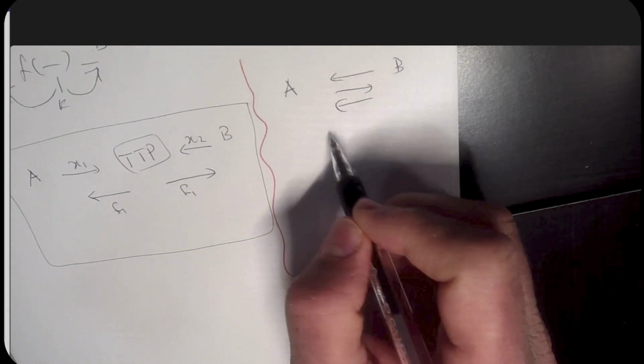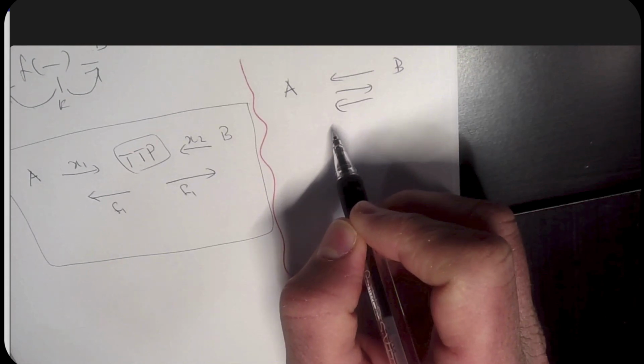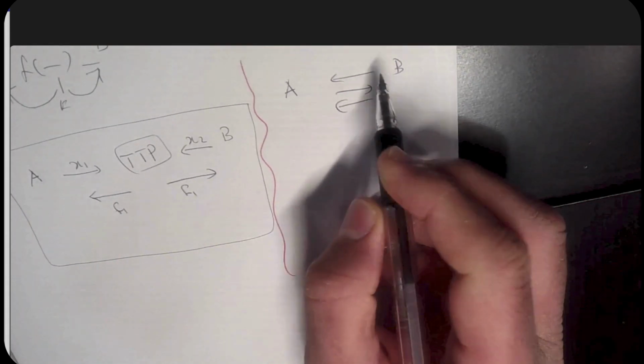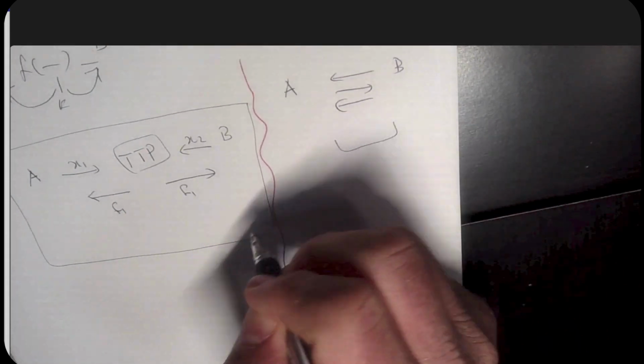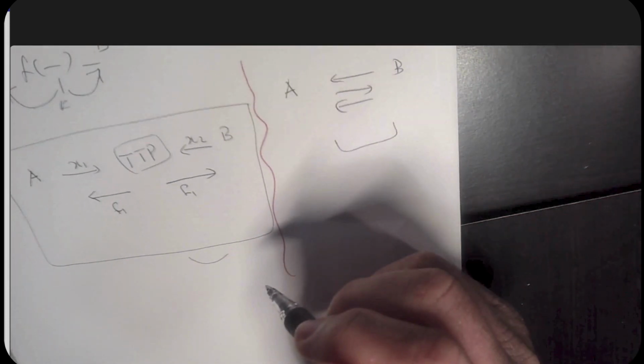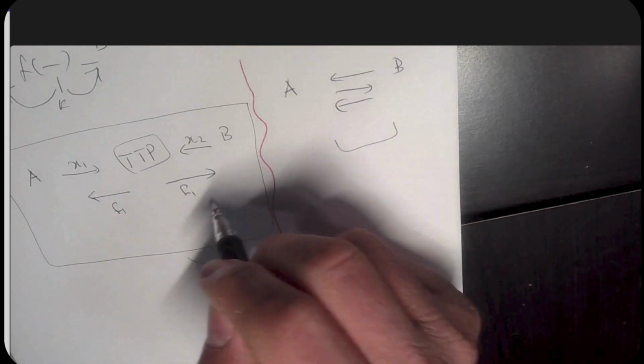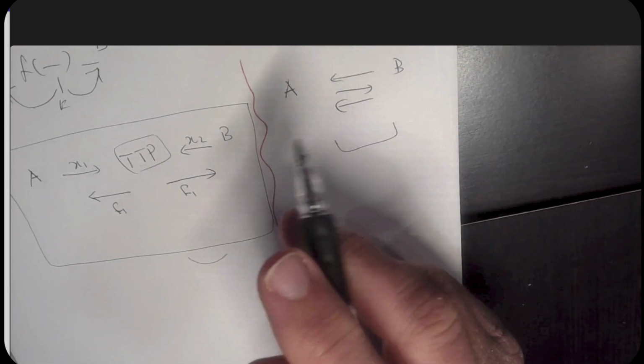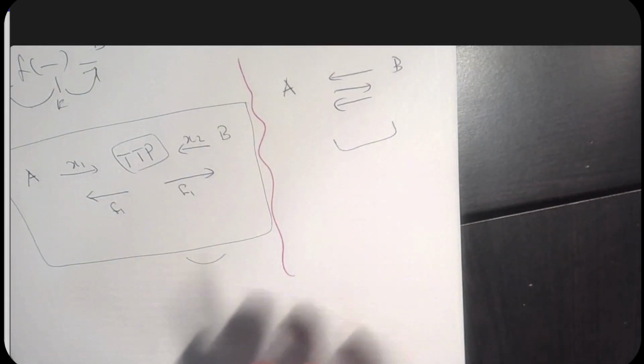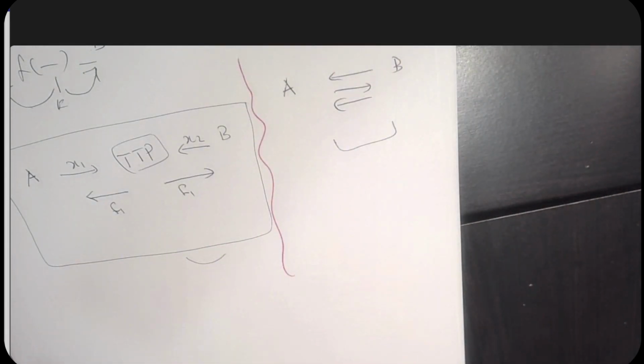We claim that this protocol can be secure, which means this case is going to be similar to this case. In other words, both scenarios are going to be the same. Whatever happens here is going to be similar to what happens here. It might not be clear, but we're going to look at this in detail.